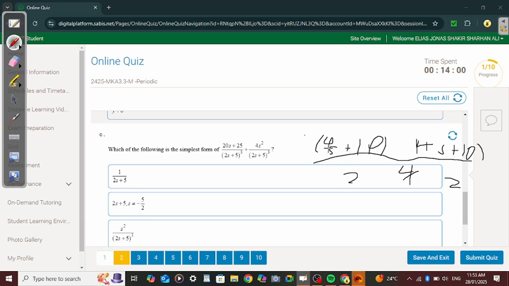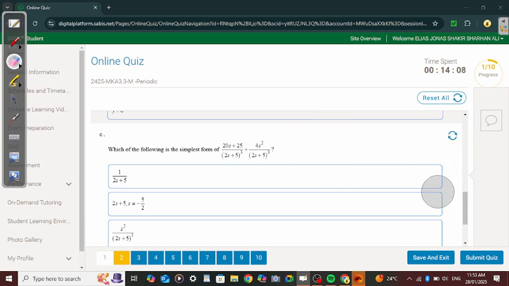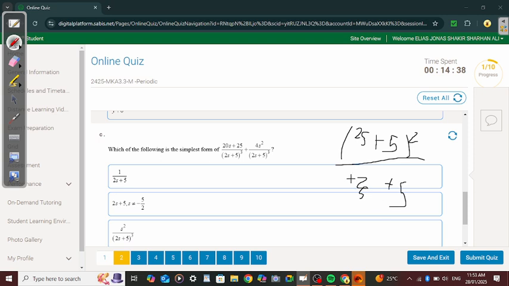So that will leave us with 2s plus 5 over here and 2s plus 5 over here. So in the final fraction, we get 2s plus 5 squared over 2s plus 5 cubed.